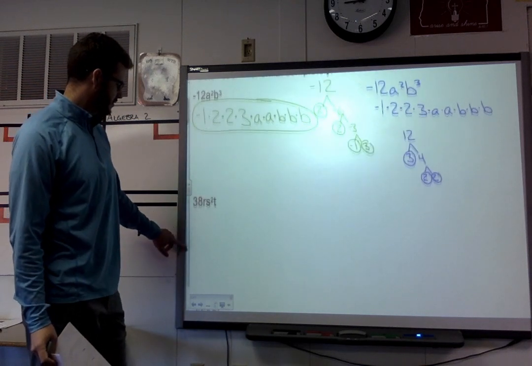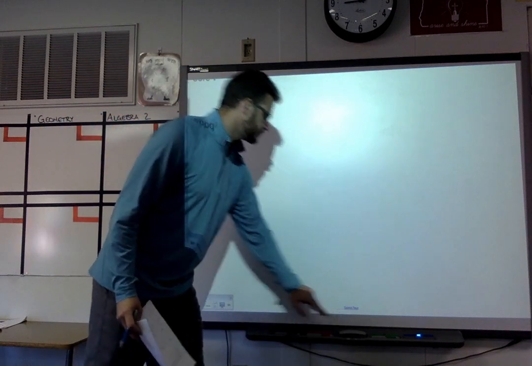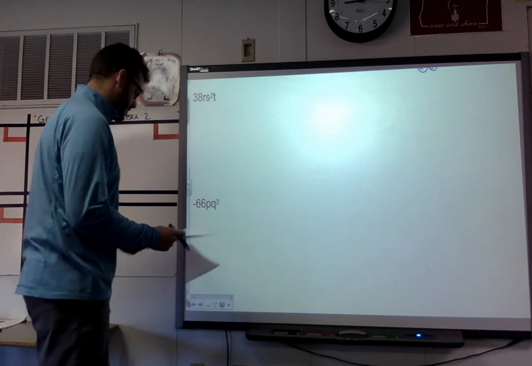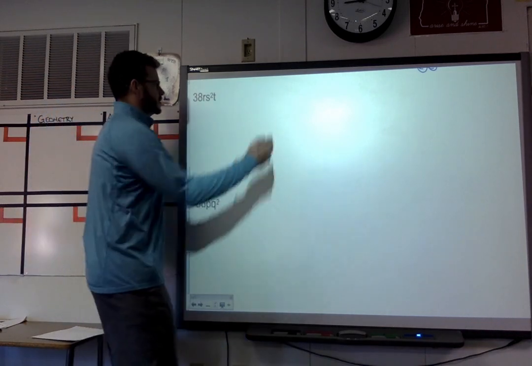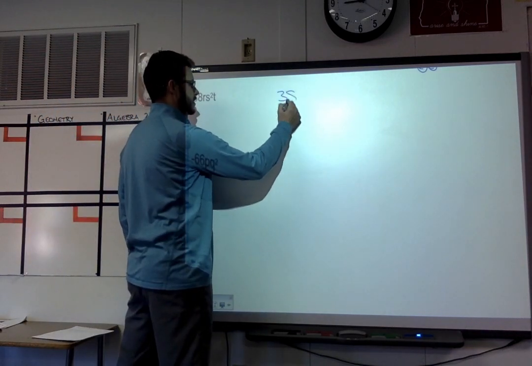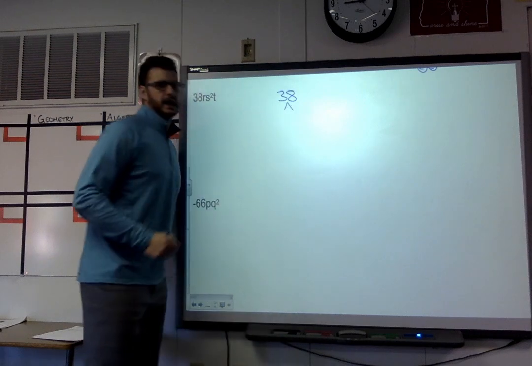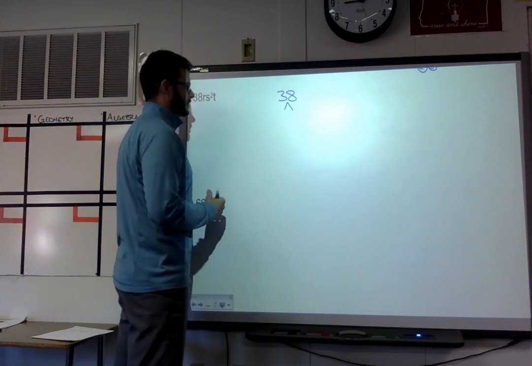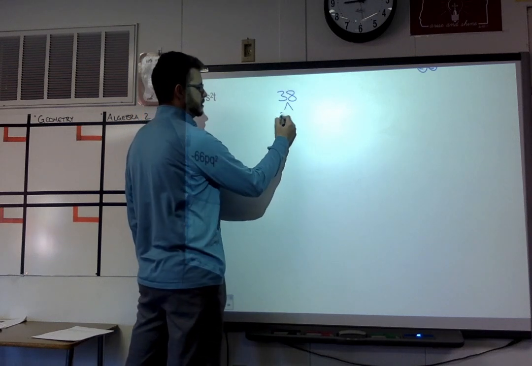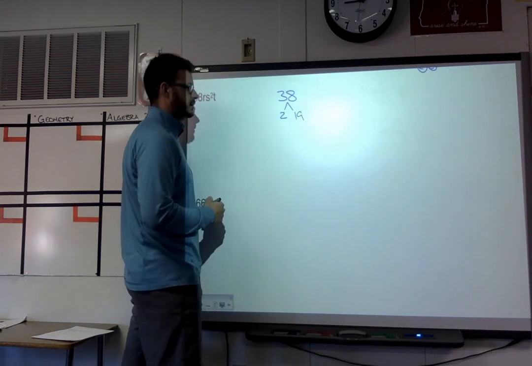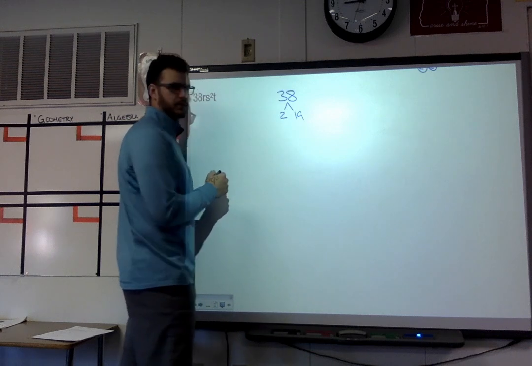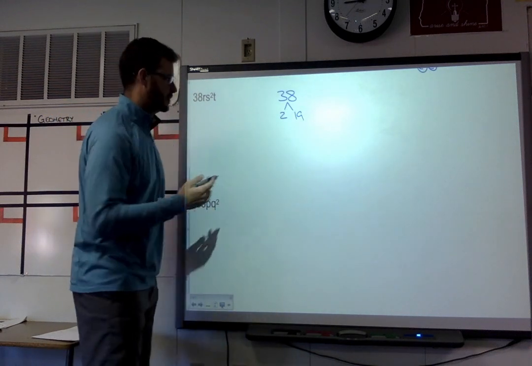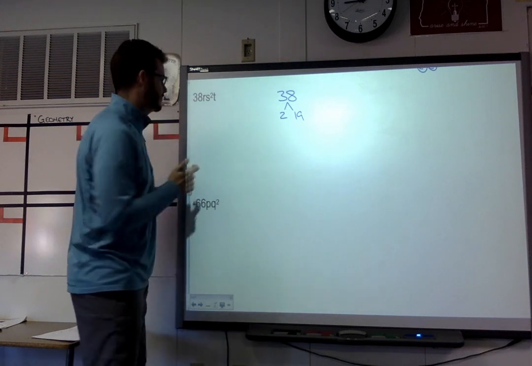So let's do another one down here. We've got 38rs squared t. So I'm going to take, again, my 38, and I want to do a factor tree with that number. So if I break down 38, I can do 2 times 19. 2 is a prime number, so I can't break that down anymore. 19 is also a prime number, so that's the whole factor tree for this one.